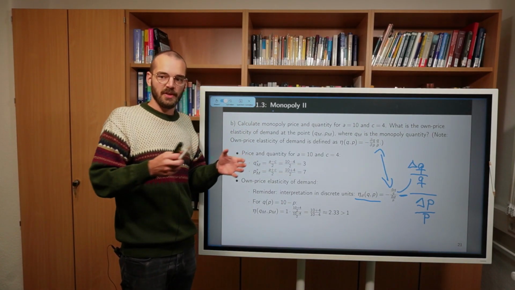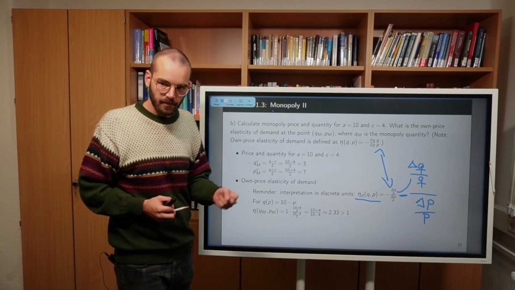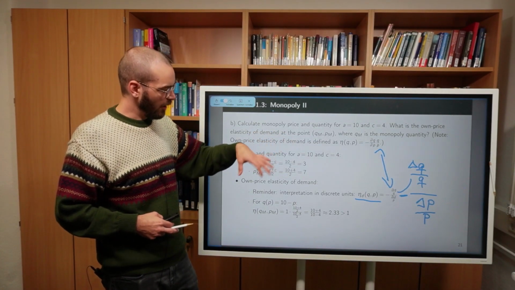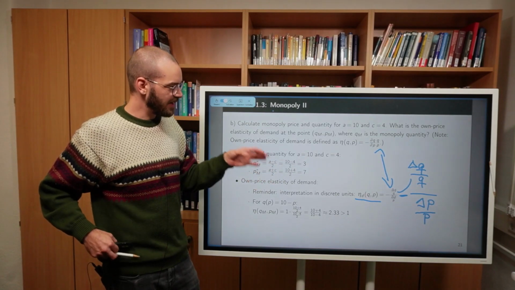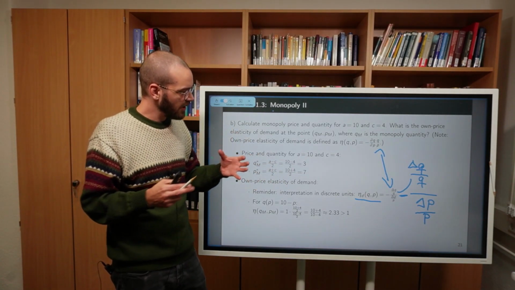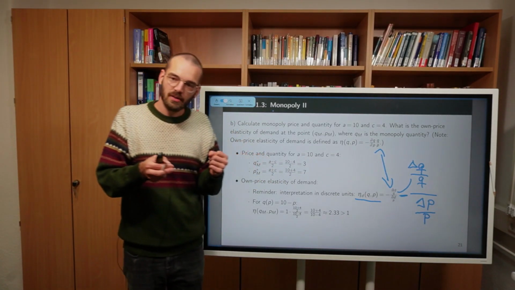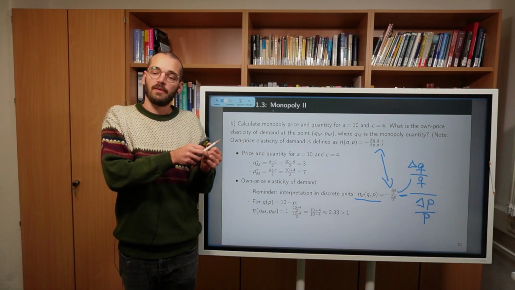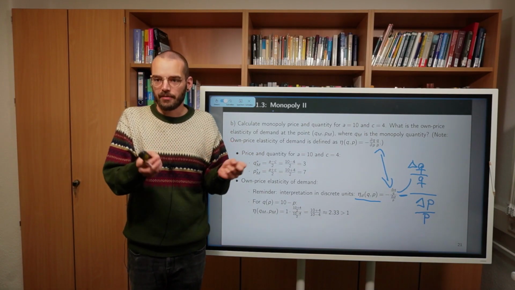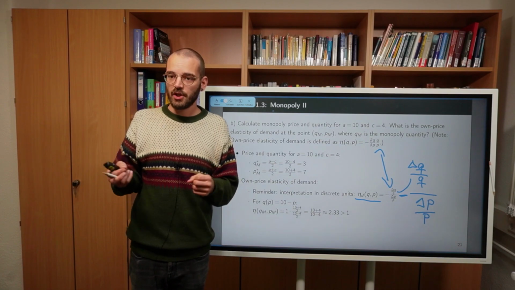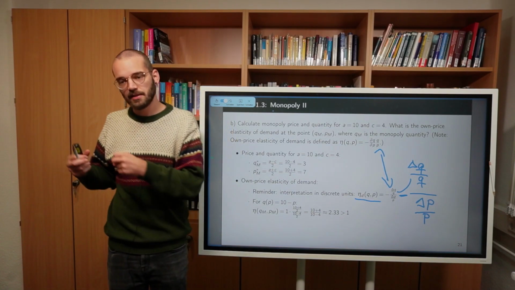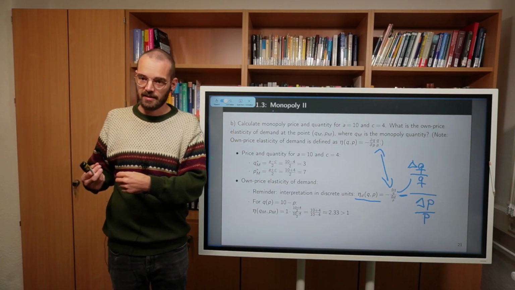Or, just to give a little more context, the own price elasticity of demand answers the question of, in relative terms, how much does the quantity change given a relative change in price?